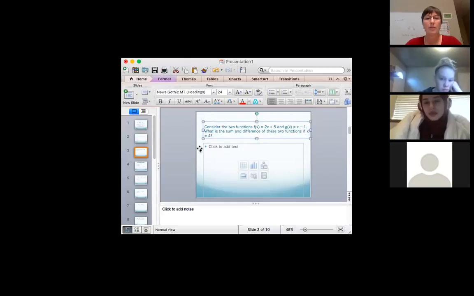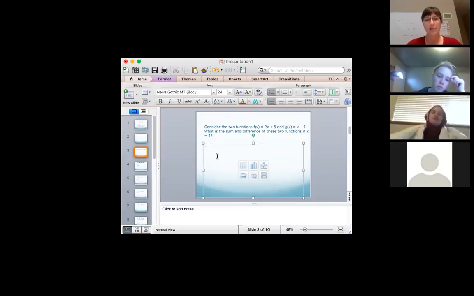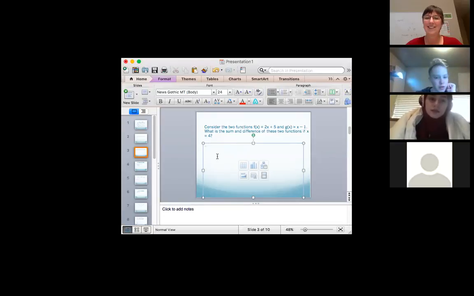Now, what is the sum and difference of these 2 functions if x is equal to 4? Any ideas about how we would go about setting this up? You can either speak or type, either way. Replace x with 4 for f of x and g of x?